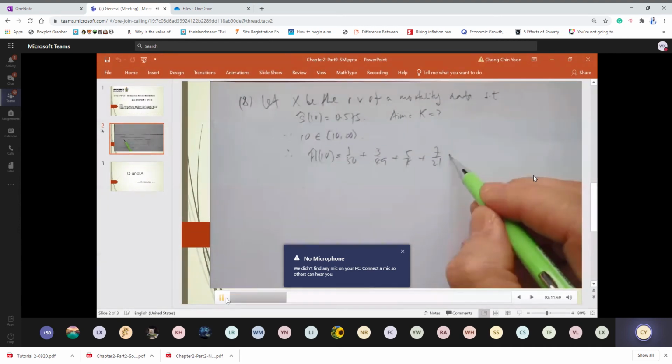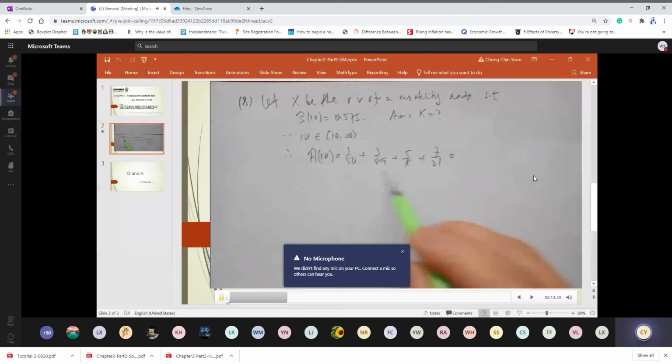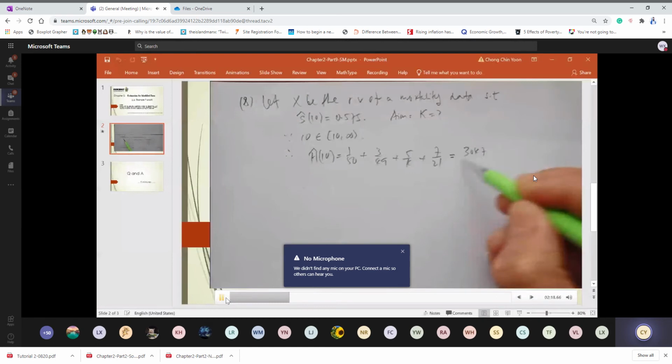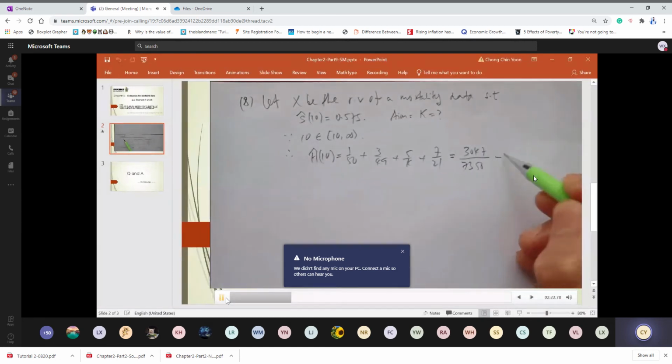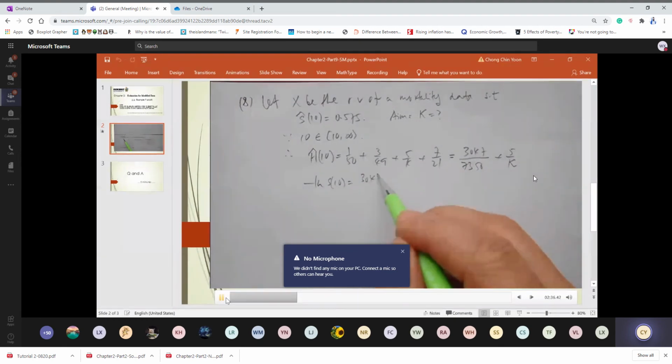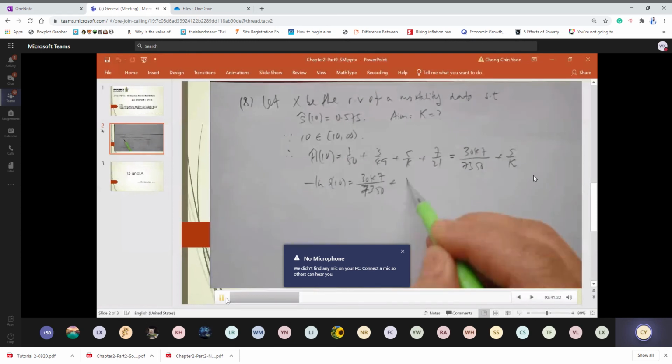If we simplify this, we will have 3047 divided by 7350 plus 5 over k. And we know that this is equal to negative log survival at 10, and this is equal to this 3047 divided by 7350 plus 5 over k.